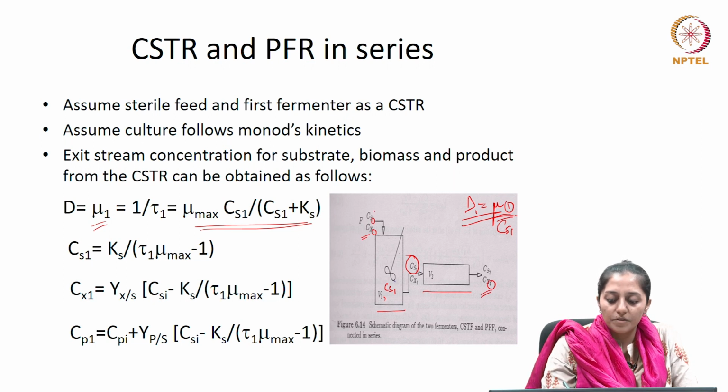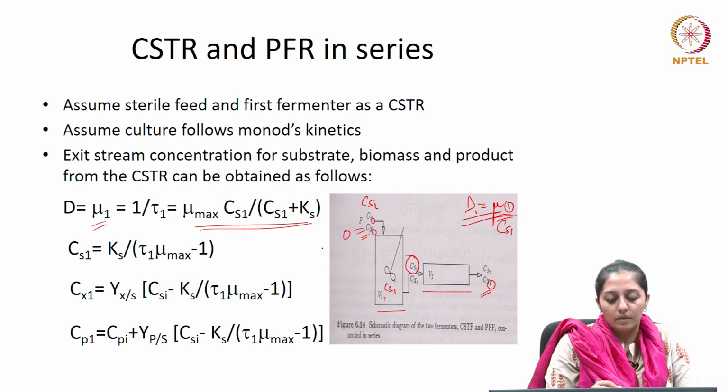The inlet substrate feed has been given the notation CSI, and CXI, because it is a sterile feed, is 0.